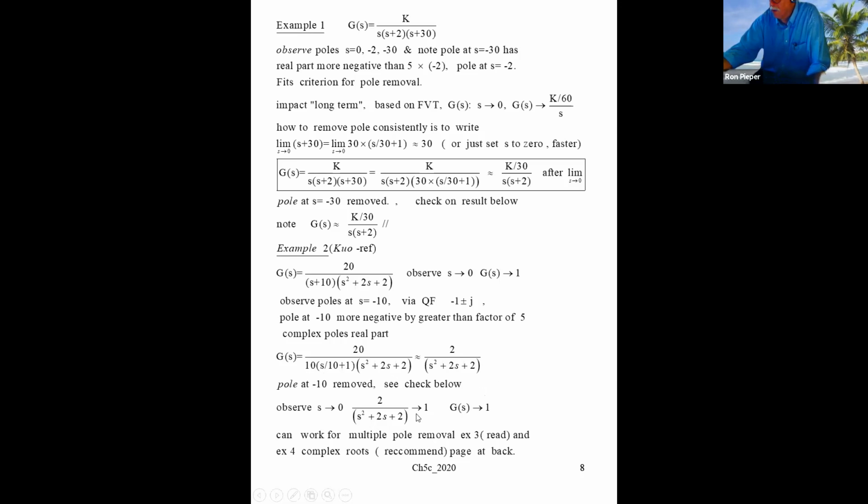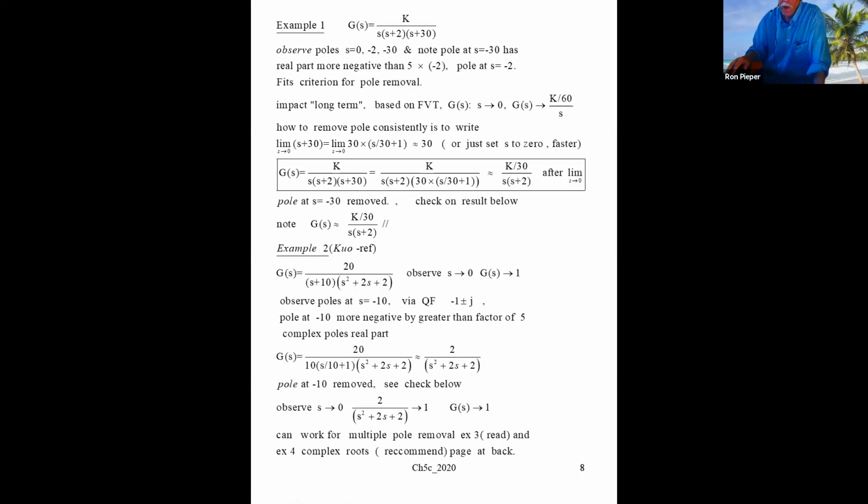In the end, your result should be consistent with the original one, taking the limit s going to 0, at least as long as it stays finite. Any questions on that example? So our final answer would be this one right here. That's our approximation after dominant pole analysis.